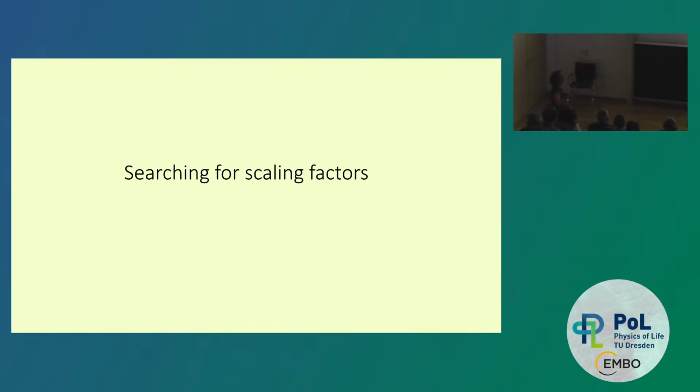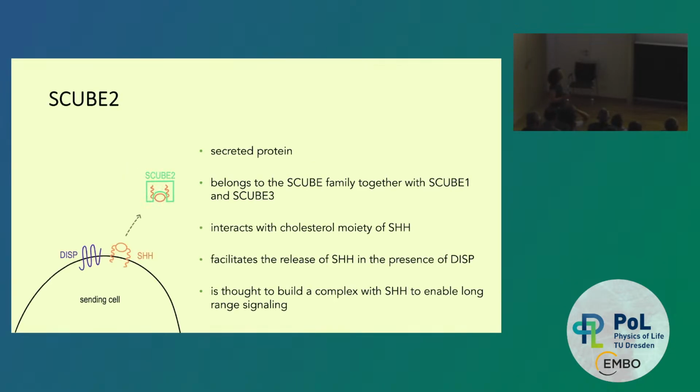So before they came up with all of these different scenarios, we had started looking for scaling factors. So for example, a classic possibility would be SCUBE2. It's a secreted protein that interacts with the cholesterol moiety of sonic hedgehog. It facilitates the release of sonic, so you might think that it's very good at getting sonic to pass through the extracellular space.